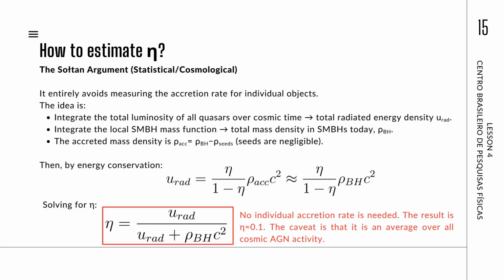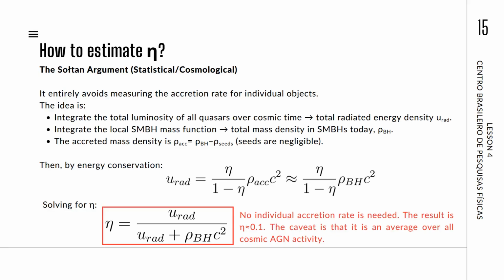So integrate the local supermassive black hole mass function. Obtaining the mass function is already very complicated, and then we have the total mass density of supermassive black holes today. And we assume that the accreted mass density is equal to the density of black holes today minus the density of the black hole seeds.